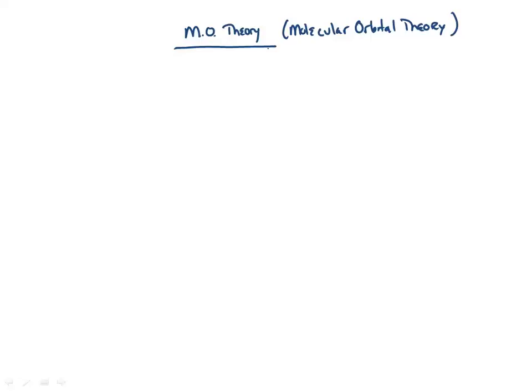So what we want to look at for molecular orbital theory is, again, what are the flaws in valence bond theory? Why did we have to move to a new theory? So let's start with the 2 flaws in valence bond theory that we want to explain.